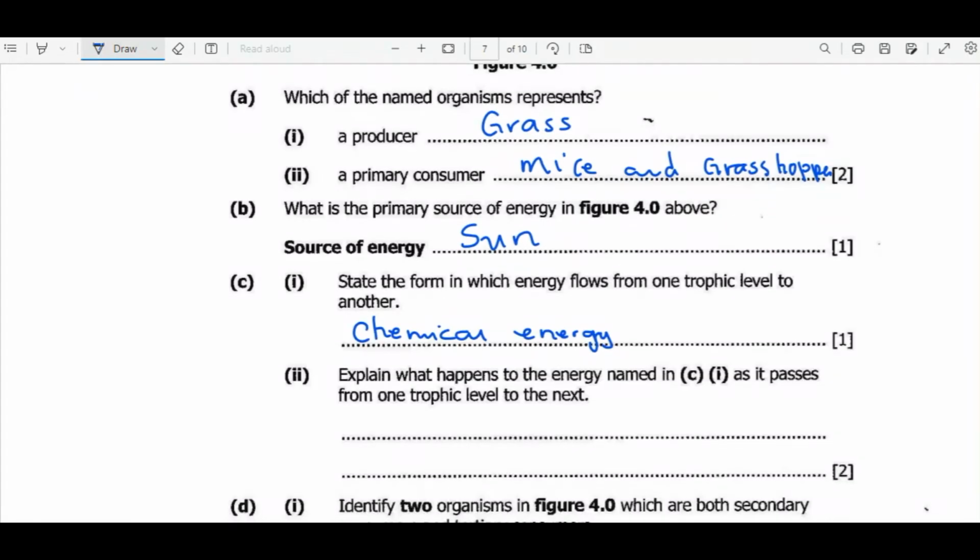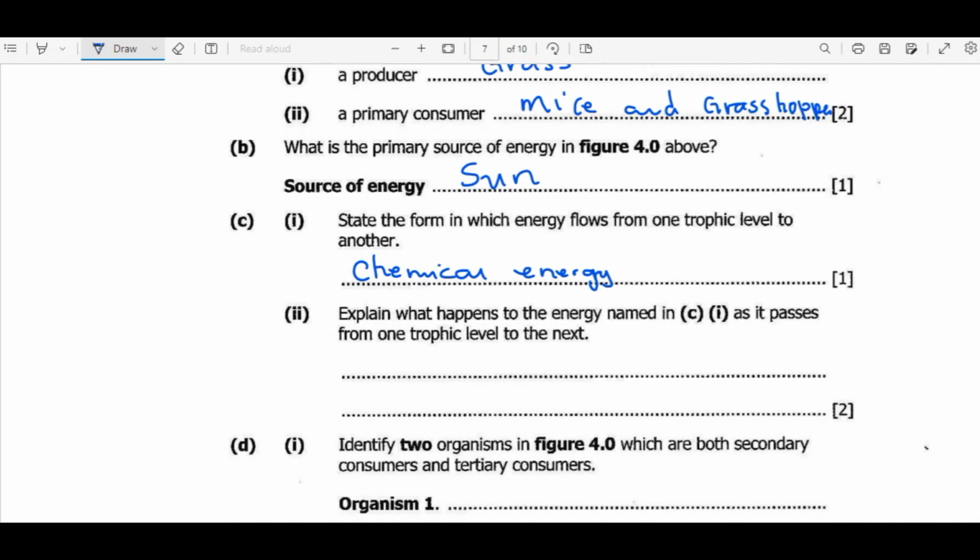Then explain what happens to the energy named in C1 as it passes from one trophic level to the next. So say energy reduces as it passes from one trophic level to another.